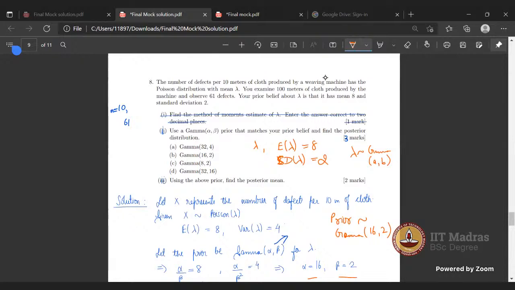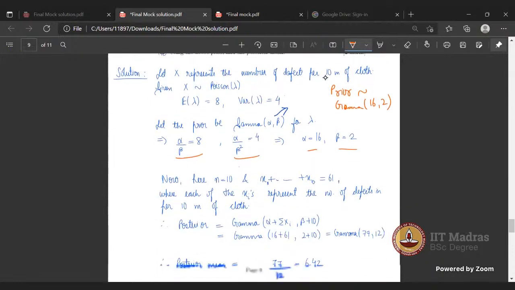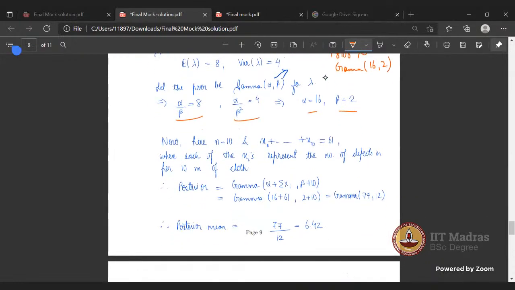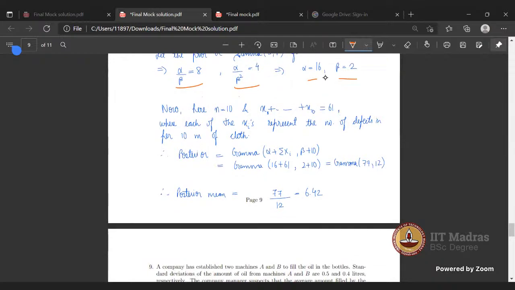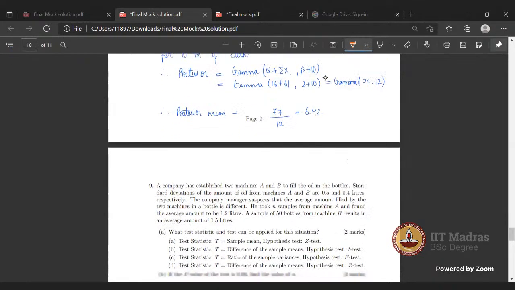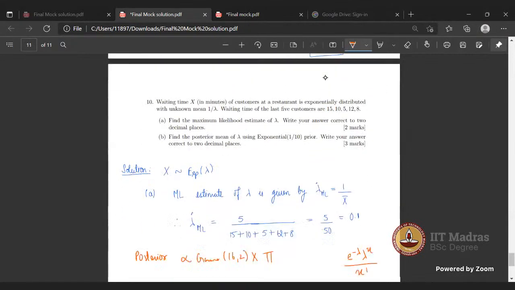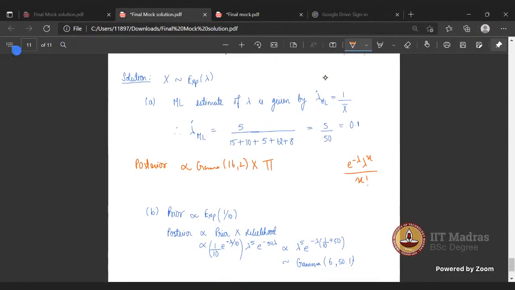So the mean is given to be lambda, and it is saying you have observed 10 such plots and you have observed 61 defects. Okay, here we have directly calculated, fine. So prior times likelihood is going to be e to the power minus lambda, lambda to the power xi upon xi factorial, and i is varying from 1 to 10.